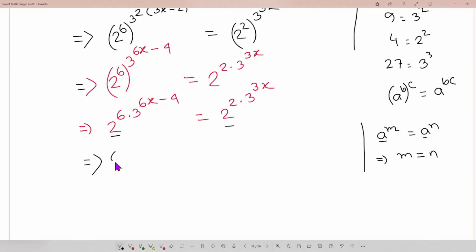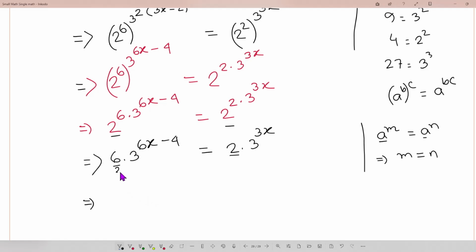Power means here 6 times 3 to the power 6x minus 4 equals 2 times 3 to the power 3x, right? Now here is 6, here is 2, we can divide both sides by 2.